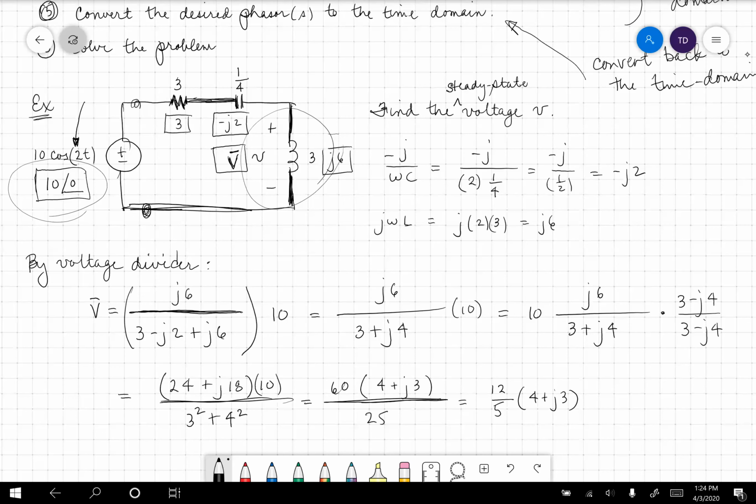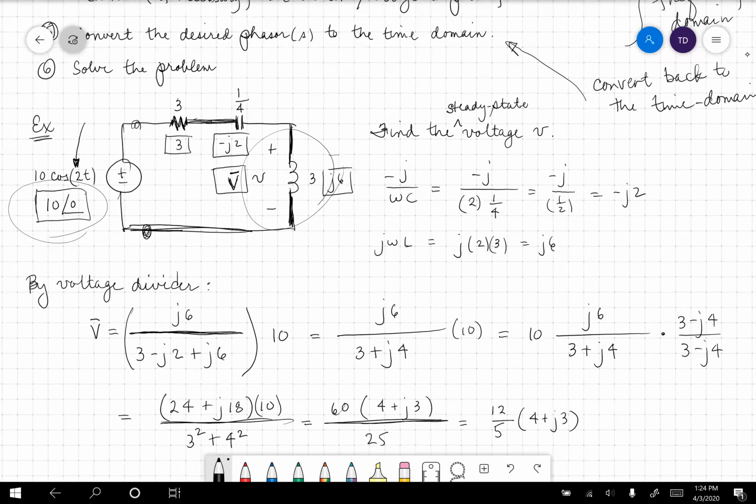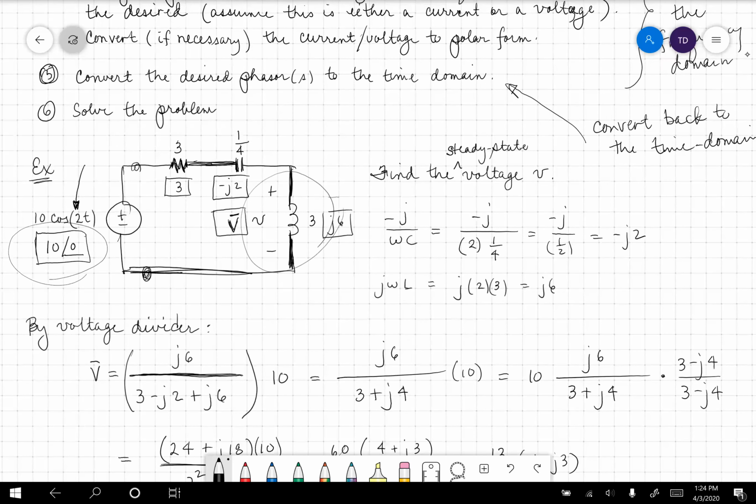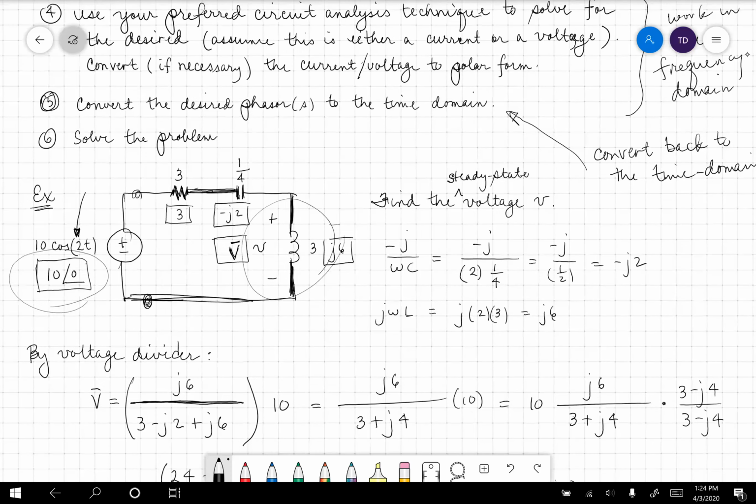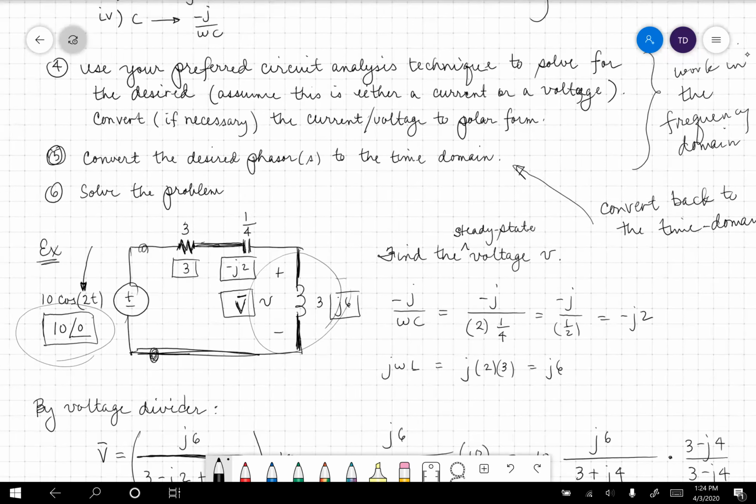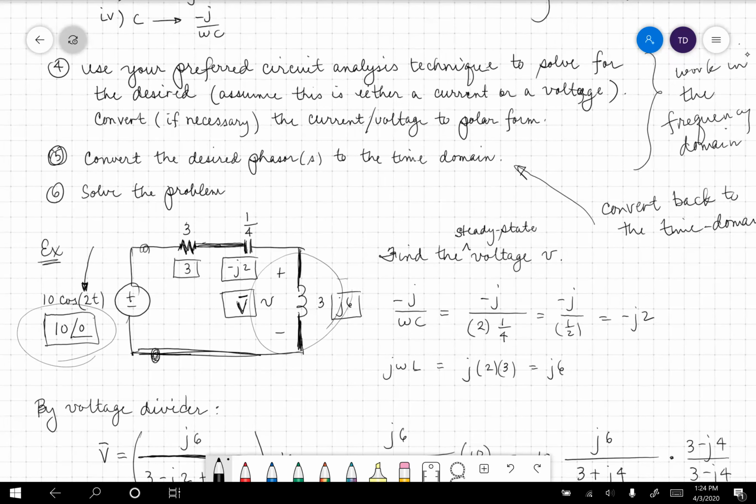But we're after little v. This is cap V. So notice what we want to do in step 4. Convert, if necessary, the current voltage to polar form.